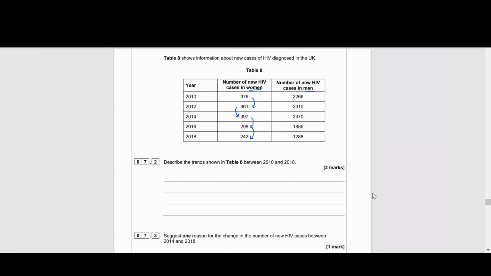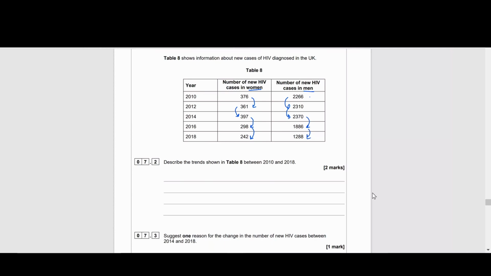Let's look at how the men change from 2010 to 2018. There is an increase, and there is another increase, then there is a decrease, then there is a decrease.